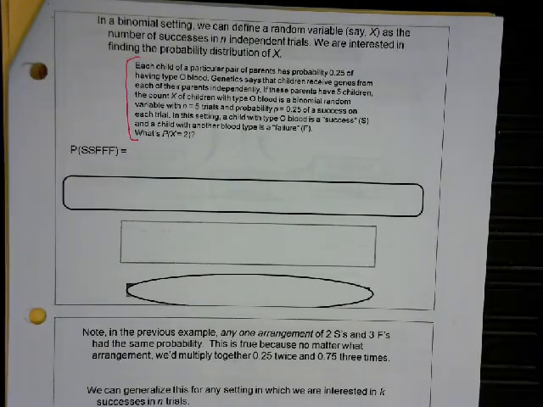If these parents have 5 children, the count X of children with type O blood is a binomial random variable with n equaling 5 trials and probability p equaling 0.25 of a success on each trial. In this setting, a child with type O blood is a success, which they use S for, and a child with another blood type is a failure, which we use the letter F. So what's the probability that X equals 2? So what's the probability 2 of the 5 children have type O blood?